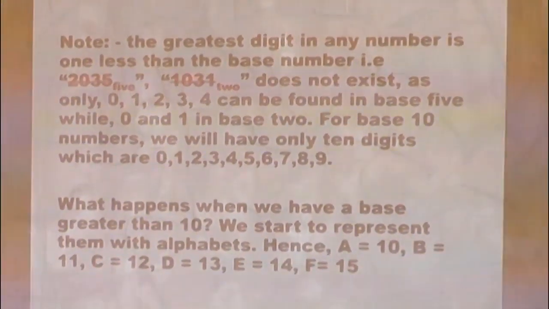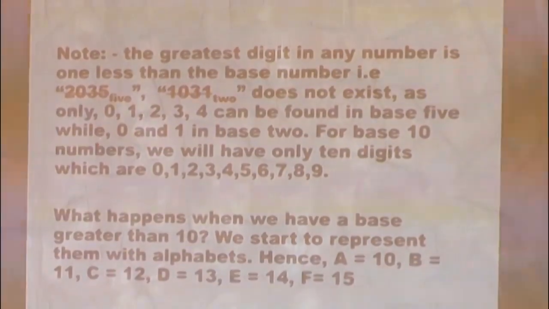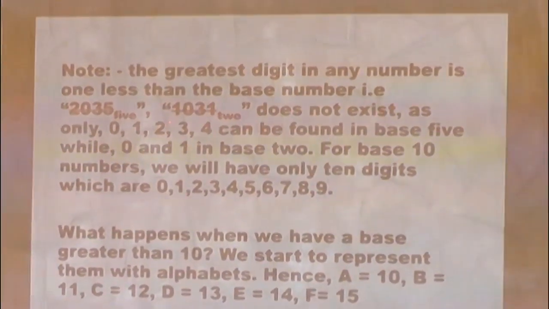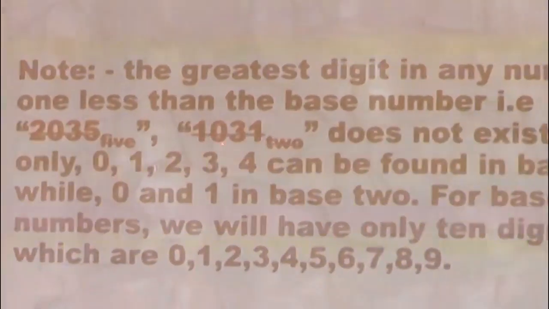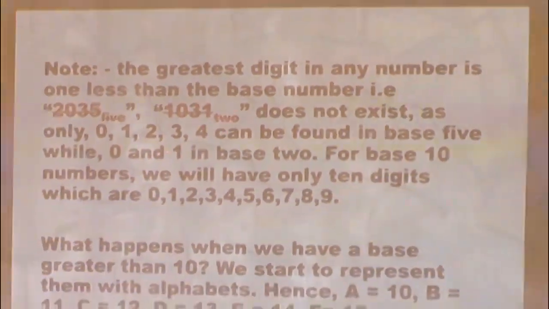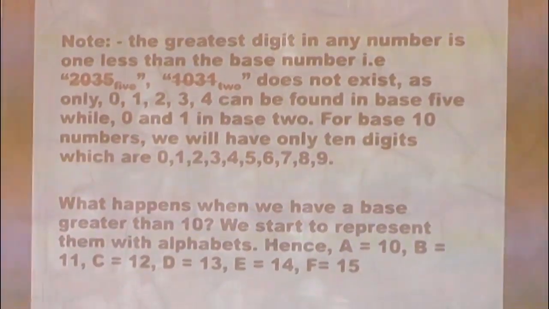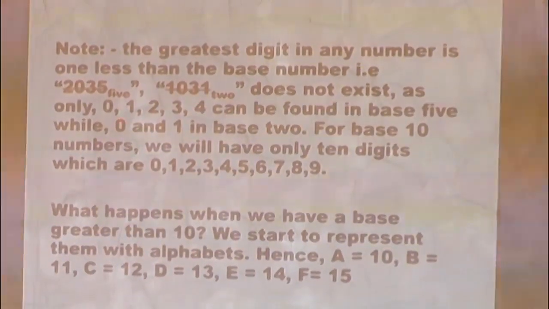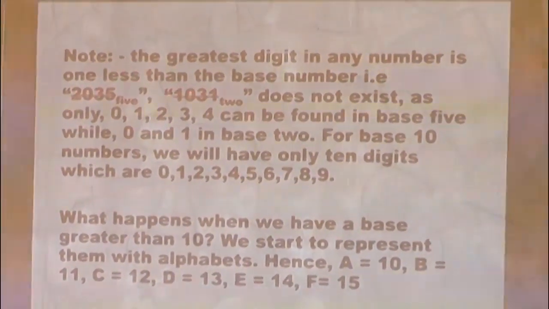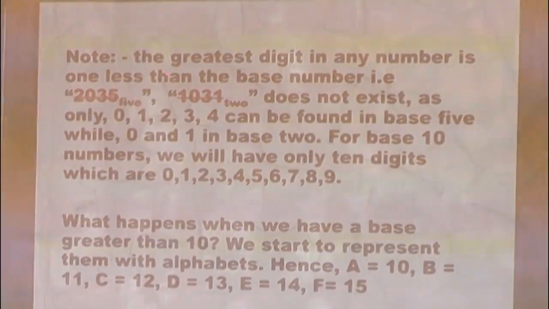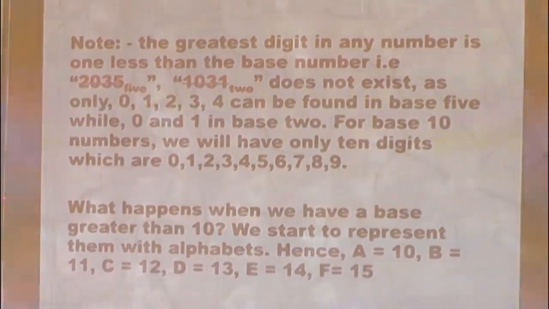And here we have 1031 to base 2. You can see it has been cancelled, and it is given the caption "does not exist". So you can't have 1031 to base 2, because the 3 you have there is already more than the base. Remember, the greatest digit in any number is 1 less than the base.